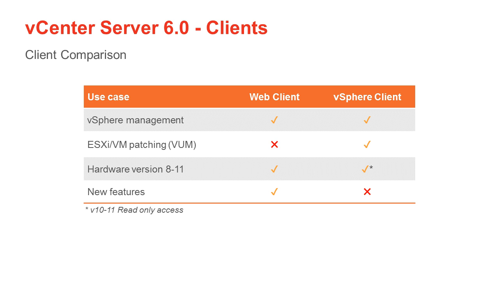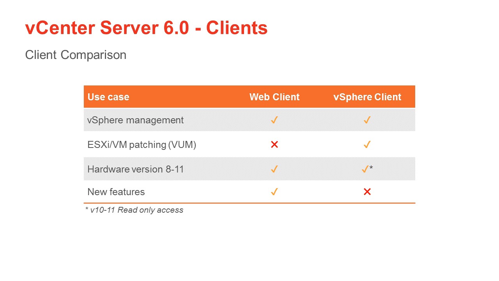Sure. So another thing that has seen a lot of improvements is our clients, VMware's different clients. So we have two clients: the standard, traditional, if you will, vSphere thick client, or the vSphere client, and the web client. You'll see a lot of things are changing here.